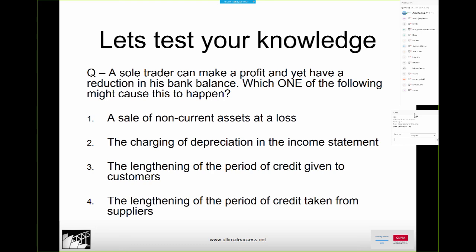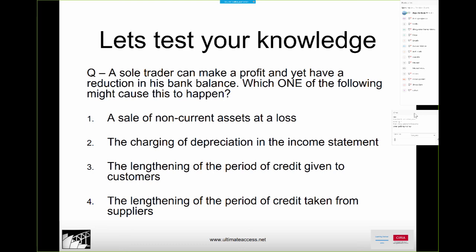So if we say that sale of a non-current asset, is it reducing the bank balance or increasing the bank balance? What do you think?